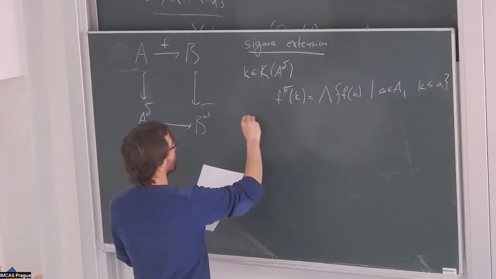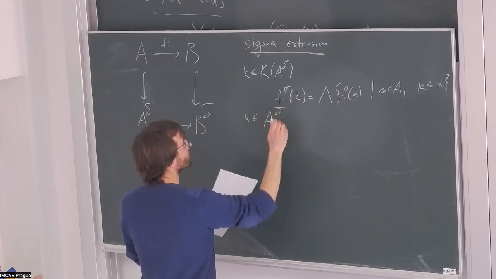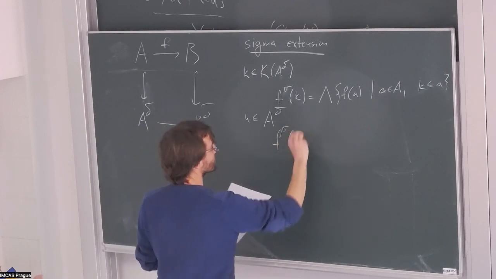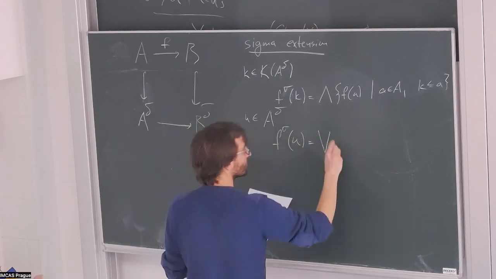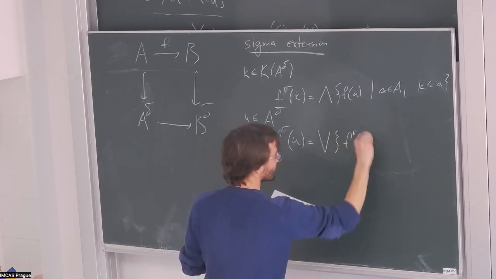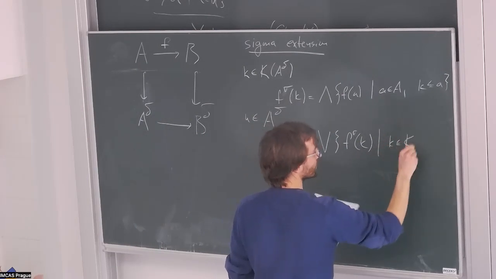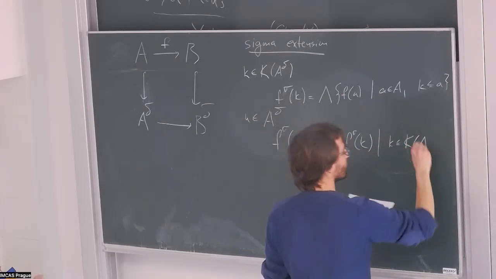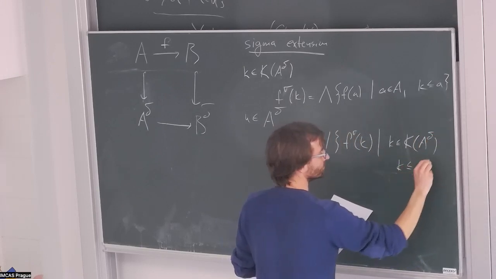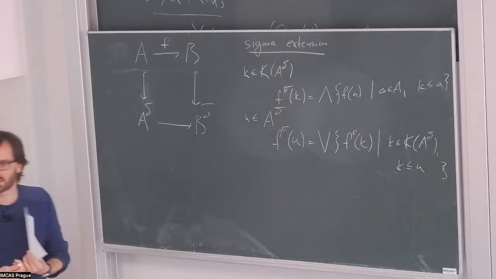So now if I give you an arbitrary element U of the canonical extension, the sigma extension will just do the join of the sigma extensions of compact elements, so that would be the compact elements that are closed and below U, right?